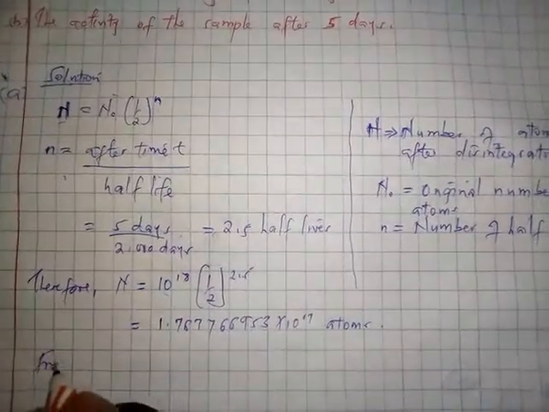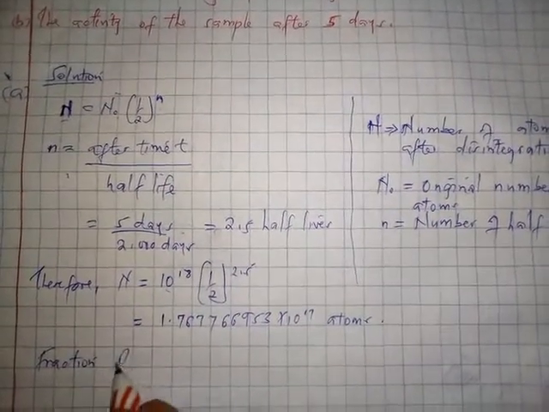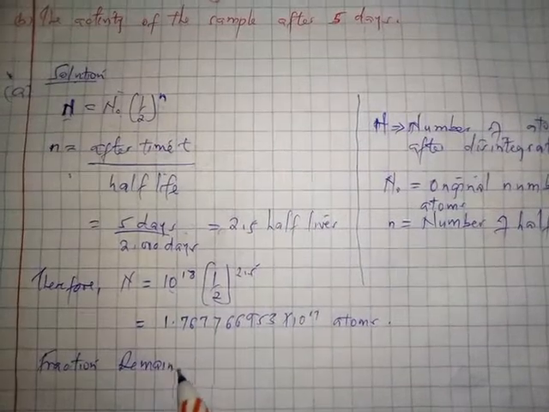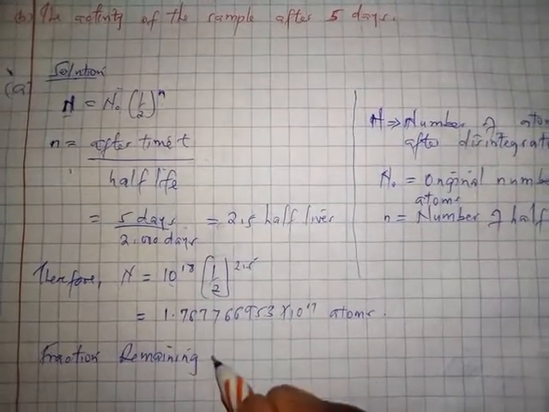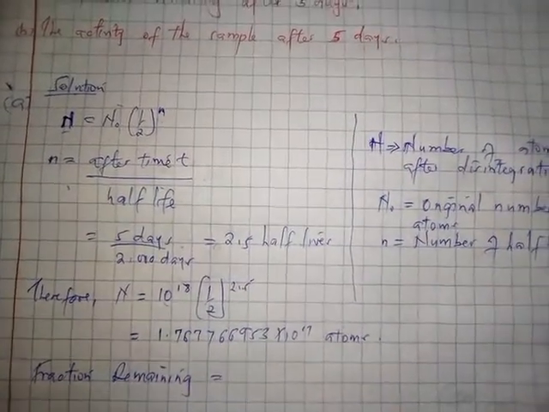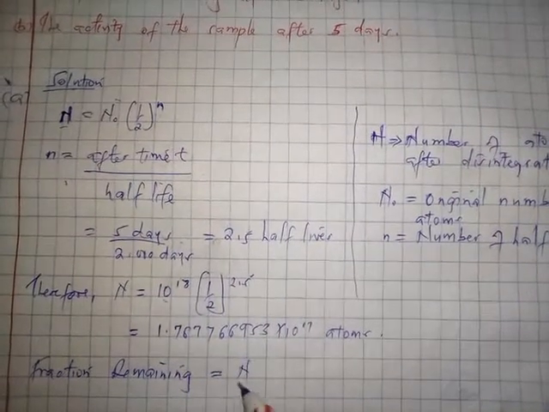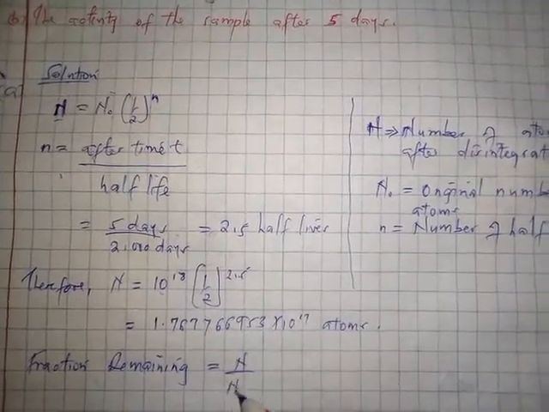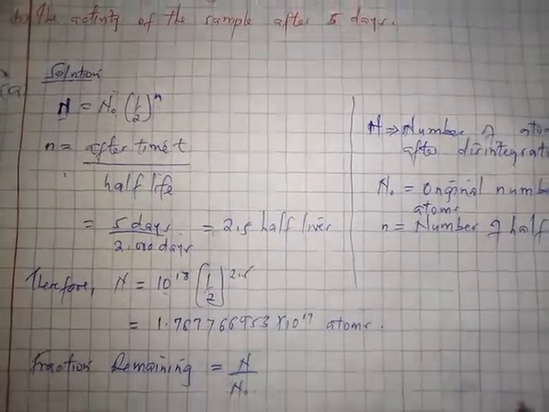So the fraction remaining is equals to N over N naught. And what is our N?